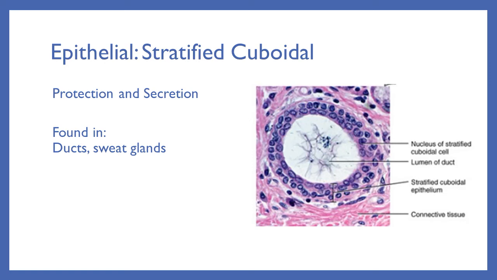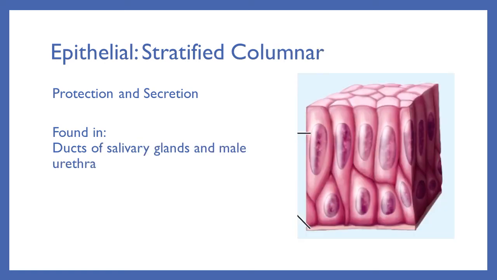We're mainly using them for protection and secretion. We see these a lot in our kidneys. Now, there are in fact stratified columnar cells, but they're very rare. We only see them in 2 places, in the male urethra and inside of our salivary gland ducts.